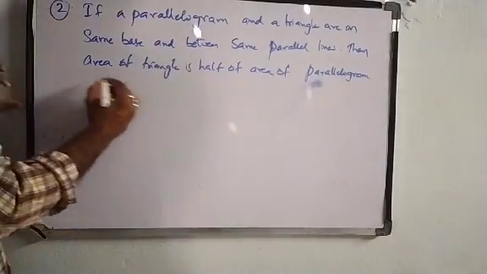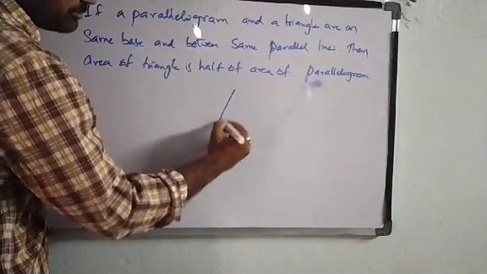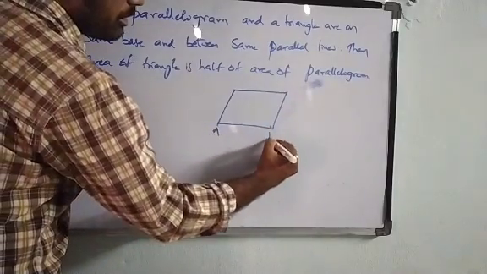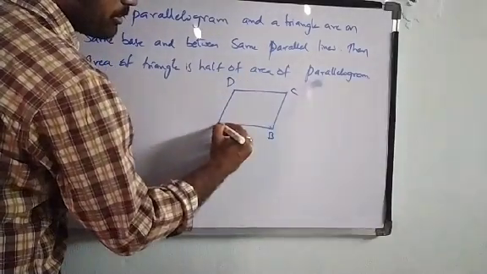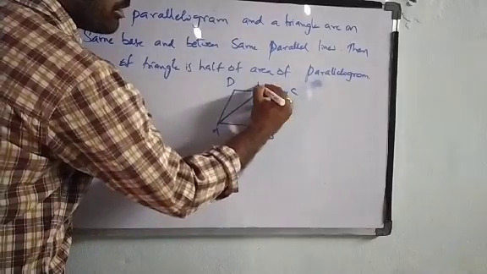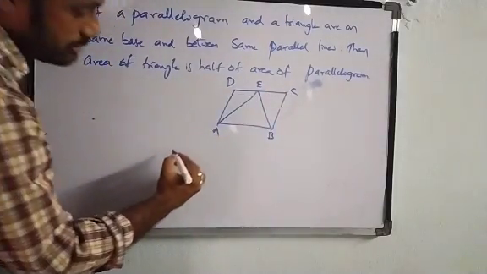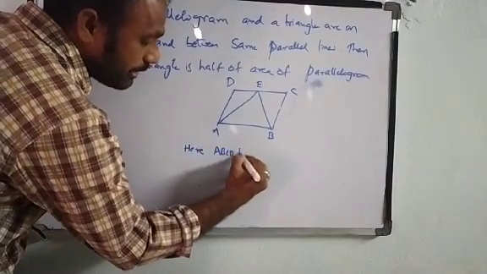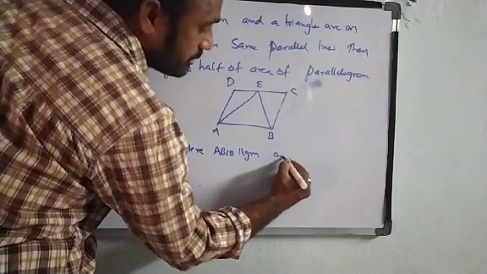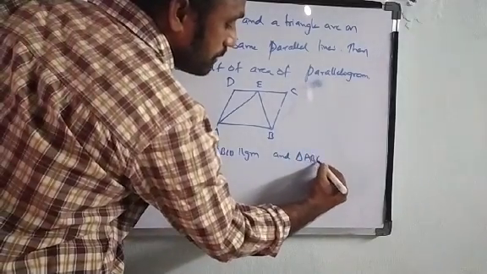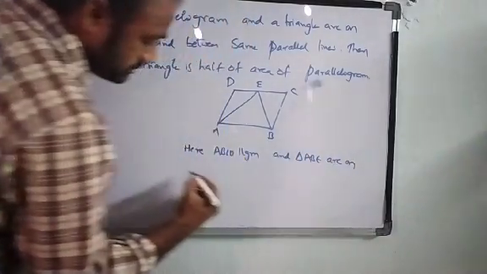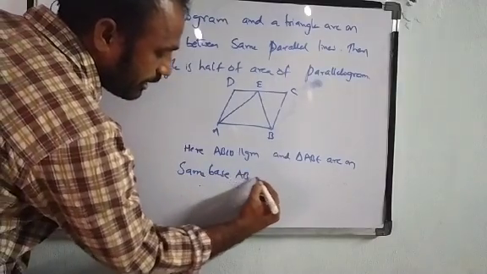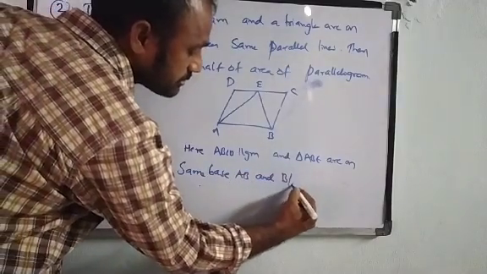Okay, now let us see the figure. So here the concept is ABCD parallelogram and AEB is the triangle. So here ABCD parallelogram and triangle ABE are on the same base AB and between the same parallel lines.